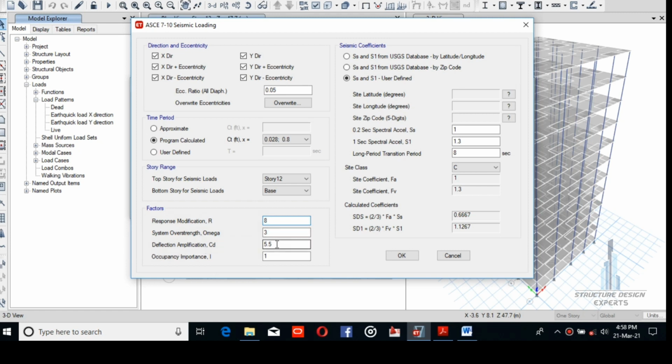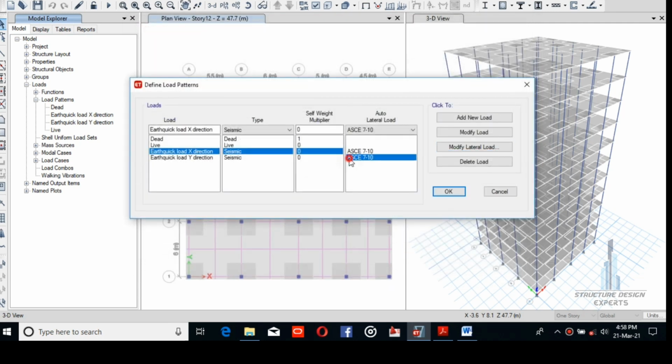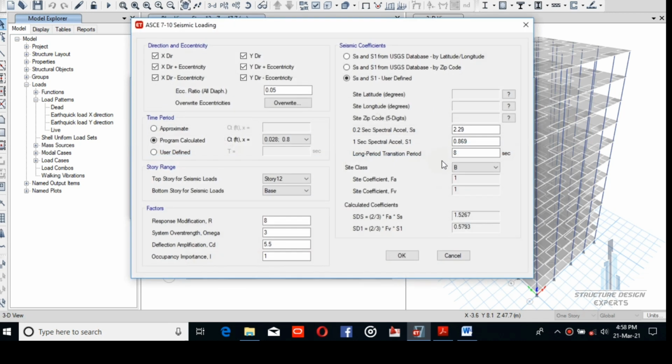So 8, 3, 5.5, and occupancy importance is 1. So we say that it's okay. So basically the eccentricity: the above chart was the x direction and that is the y direction. For both directions you can use the same.